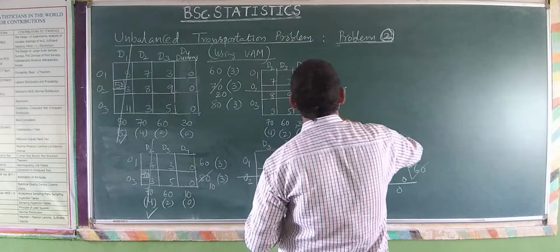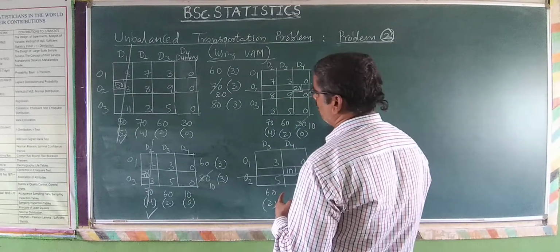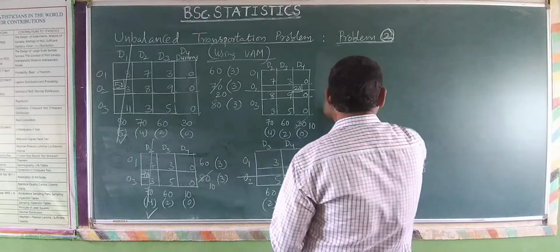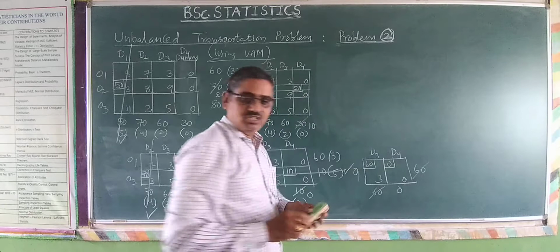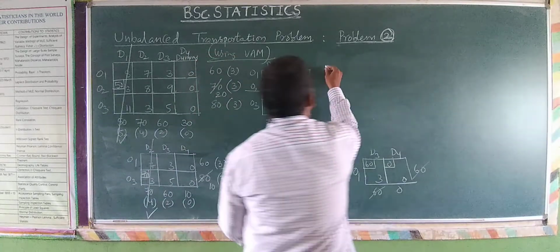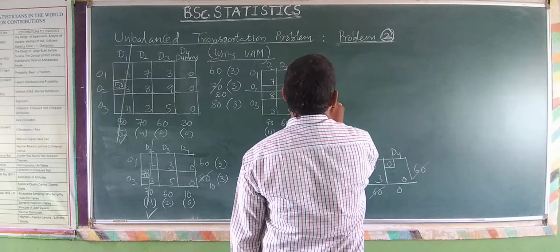So I am starting the allocations in the transportation table now. Here I prepare a transportation table which consists of, for example, O1, O2 and O3.